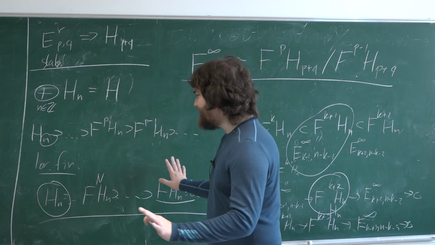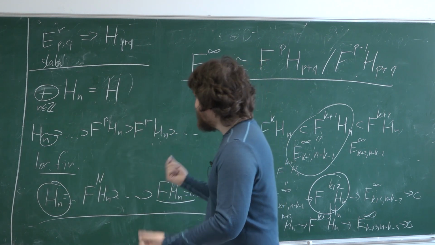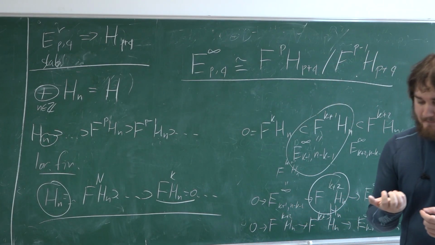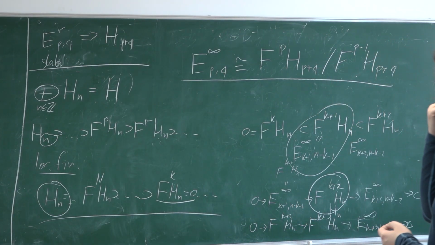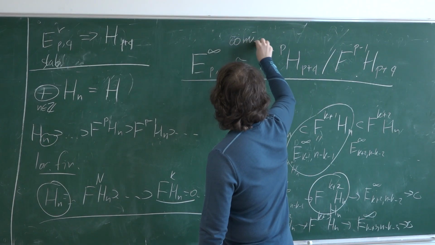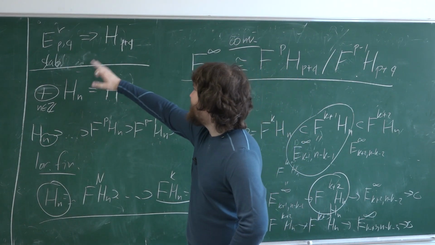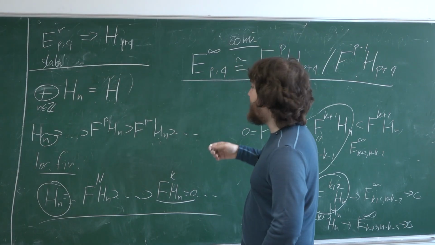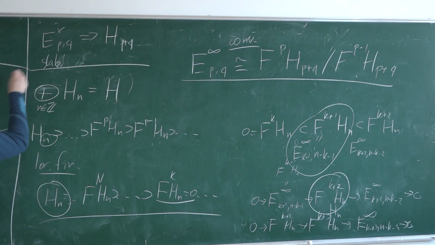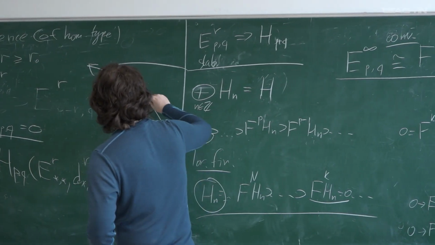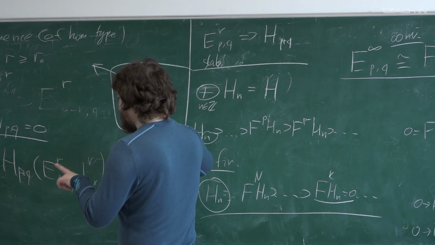In our situation, we have some concrete numbers here of filtration. So this was not the definition of E infinity P and Q. It's the definition of convergence. We say that the spectral sequence converges if this is true, it converges to this thing. Infinity, as I said before, its definition is that for each P and Q, for some big numbers, all differentials are 0, and then all homologies stabilize.